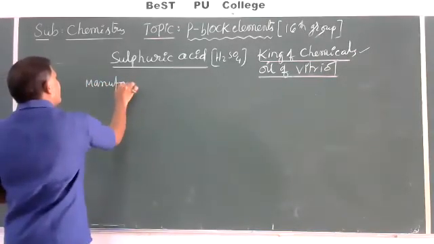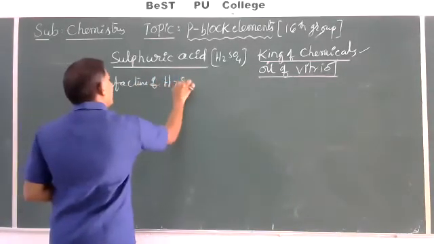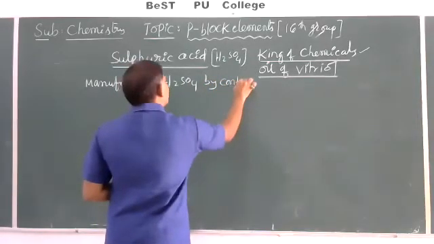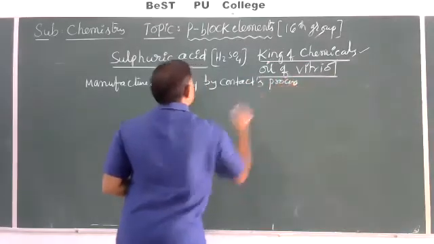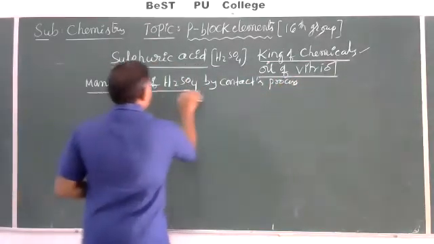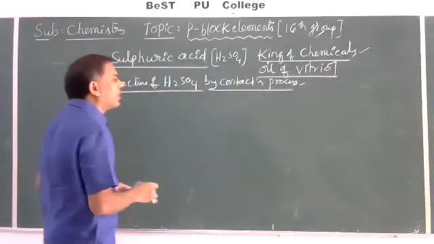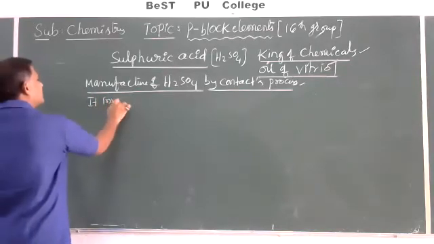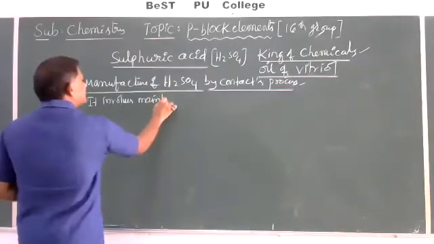Manufacture of sulfuric acid H2SO4 by contact process. This manufacture of sulfuric acid by contact process involves mainly three important steps.